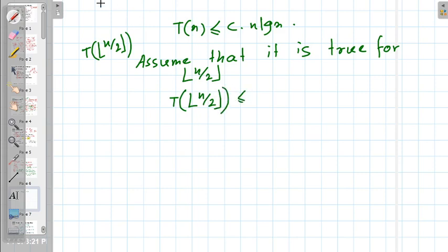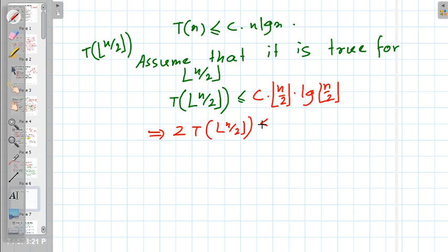So it will be less than or equal to c times floor n by 2 times log of floor n by 2. Right? So we have got this. Now we have to put 2 times this value in our original equation. So maybe we can process this a little bit, as we have to substitute 2T of floor n by 2.